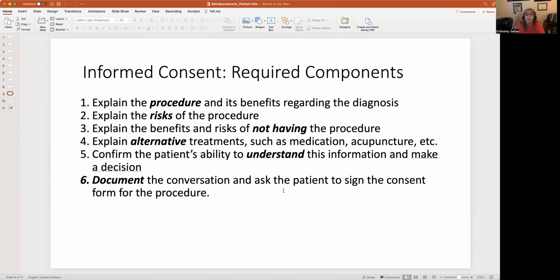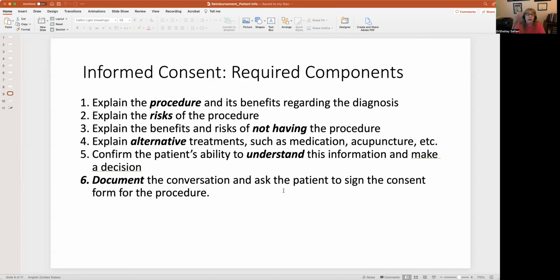It must be in writing that this was discussed with the patient, and then the patient is going to sign off on it. First, explain the procedure, what is being recommended, and its benefits regarding the diagnosis. This is going to cure you, this is not going to cure you, but it's going to make it better, things like that. And then two, explain the risks of the procedure.